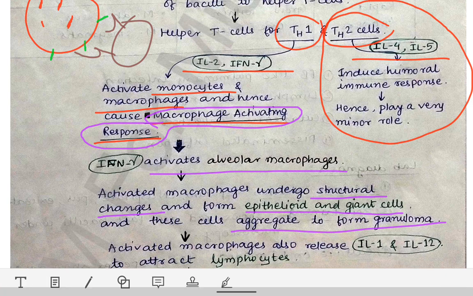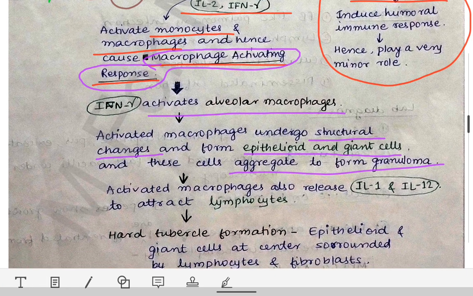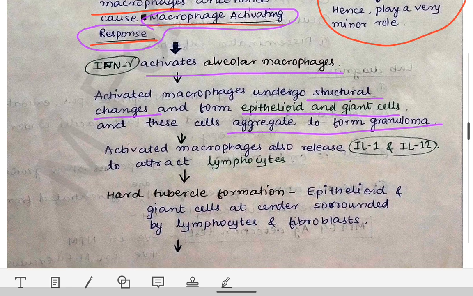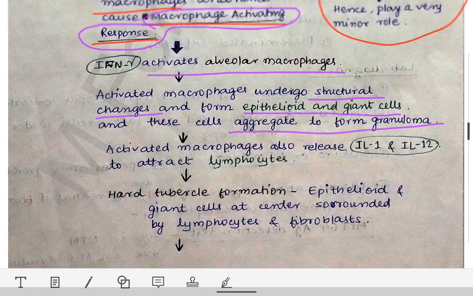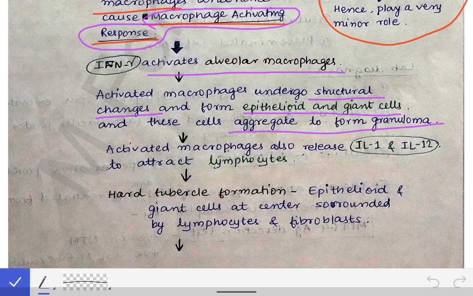Now in the granuloma, we know that these giant cells and epithelioid cells are not alone. They also have fibroblasts and lymphocytes in the granuloma. Now the question is, how do these lymphocytes or fibroblasts come to the granuloma? The answer is that these epithelioid cells and giant cells secrete interleukin 1 and interleukin 12.